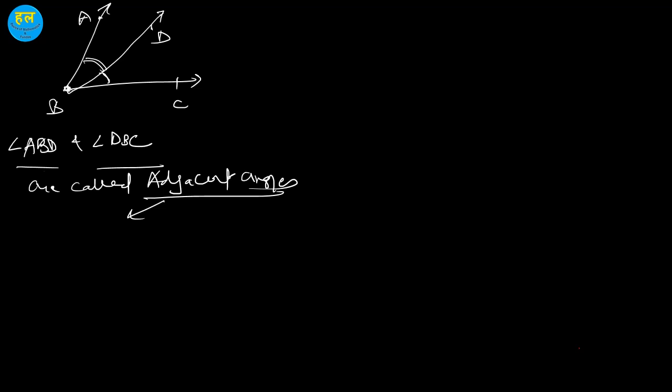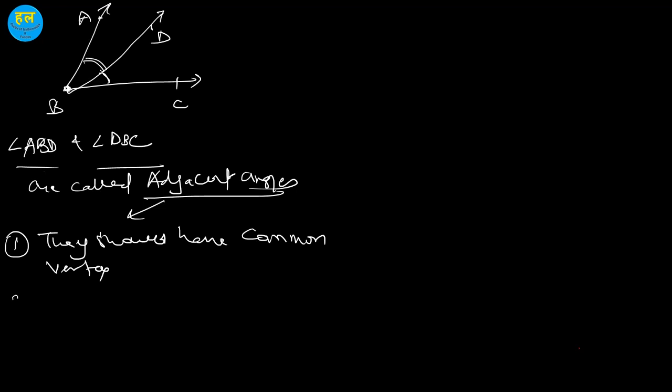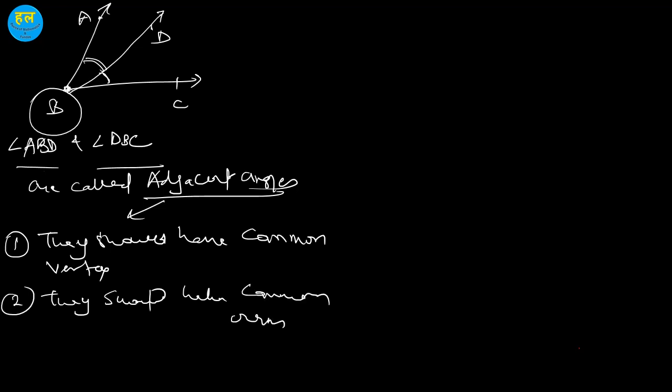For two angles to be adjacent angles, there are three conditions. One, they should have a common vertex, which is here B. They should have a common arm, which is BD.